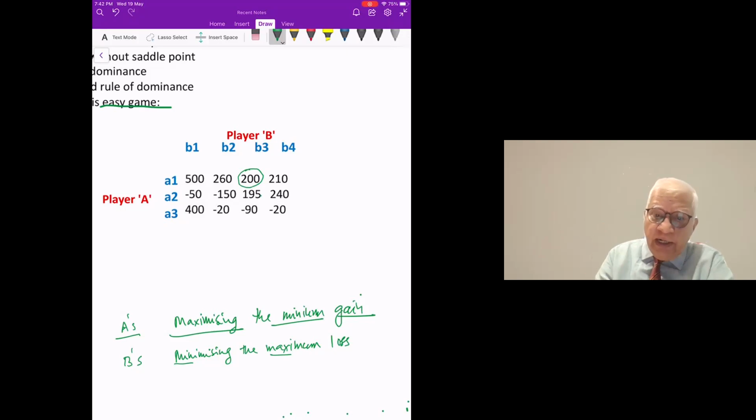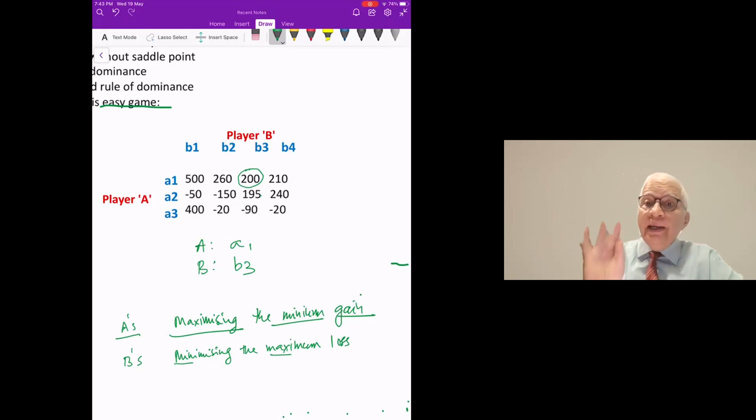Therefore, the correct strategy for player A would be A1, and for player B the strategy would be B3. Since these two numbers are the same element, that is 200, the A1, B3 intersection is 200, and the game stands solved.